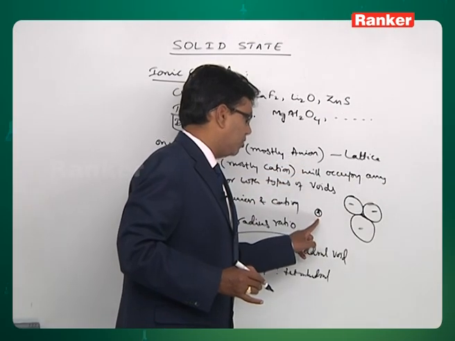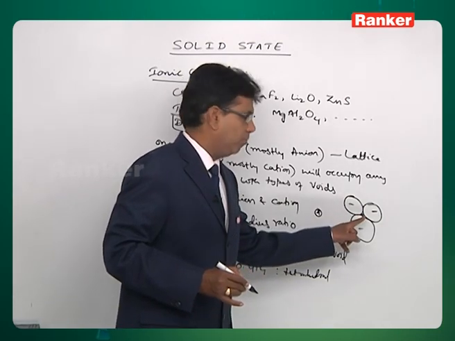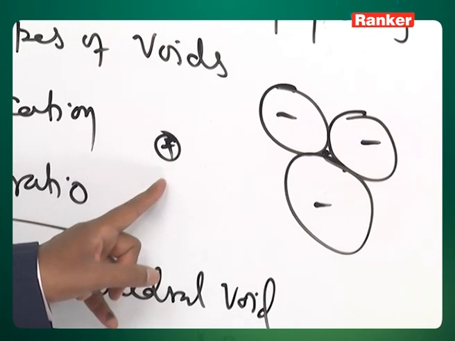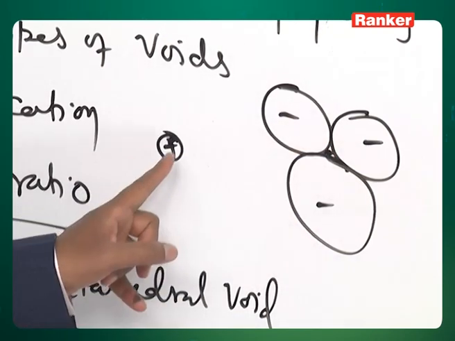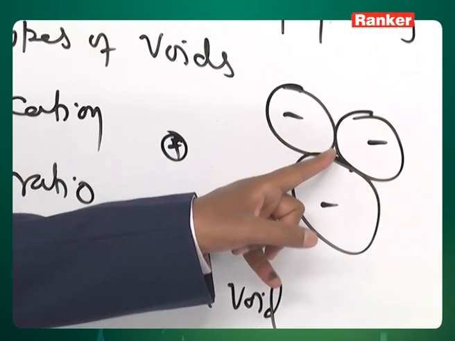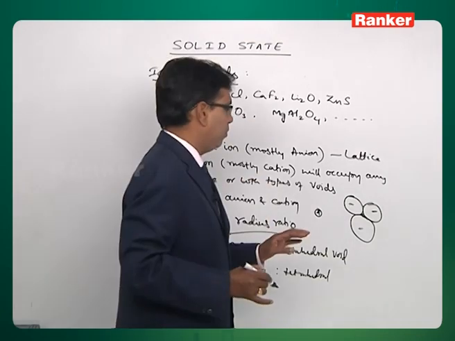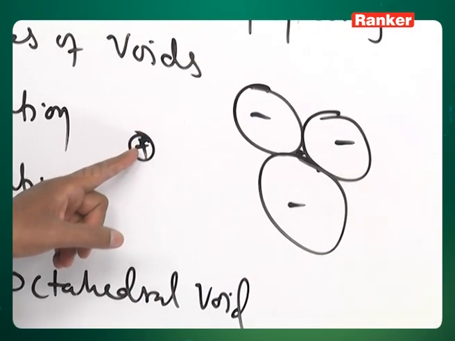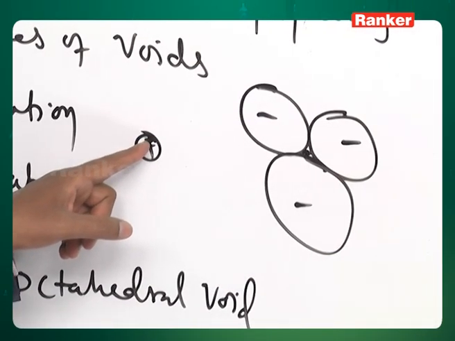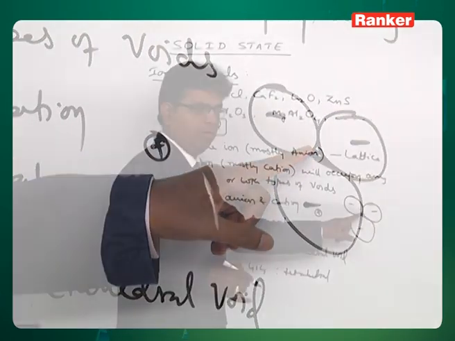If the radius of this cation is more than the radius of this void, then that cation will not fit into that space. So, the size of the cation should be sufficient enough to fit it over here, right.